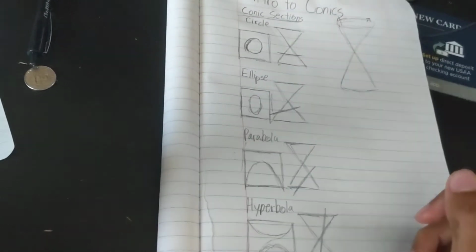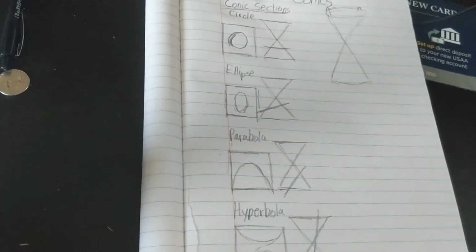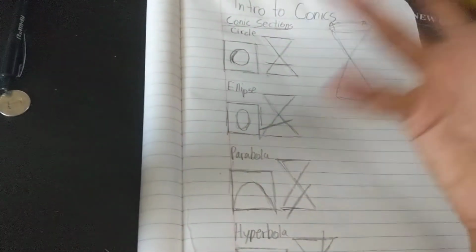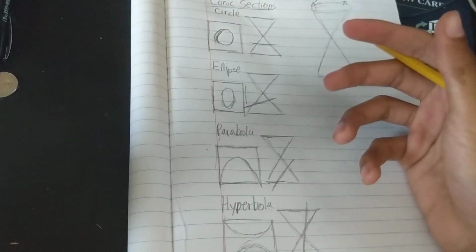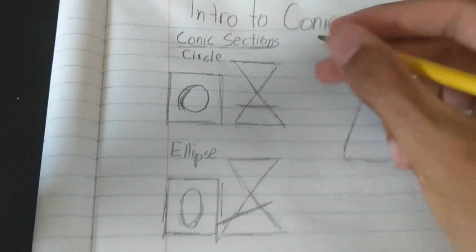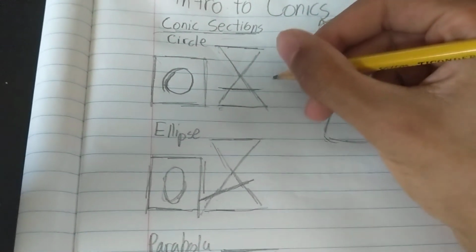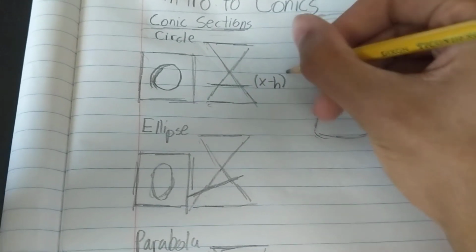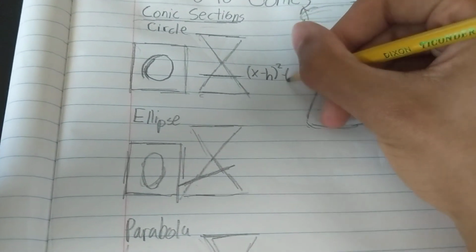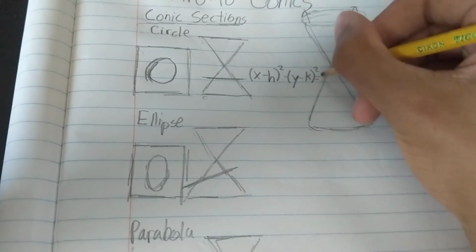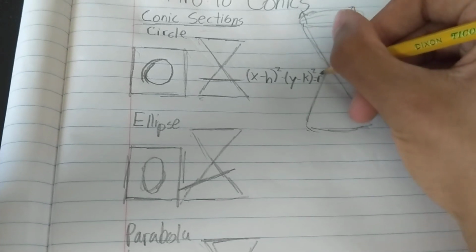And so that's basically all there is to know, but I'm going to go ahead and kind of push you into what some of the equations in order to find these shapes on a graph would be. And so the equation of a circle, if you remember this from algebra concepts, would be (x - h)^2 + (y - k)^2 = r^2.